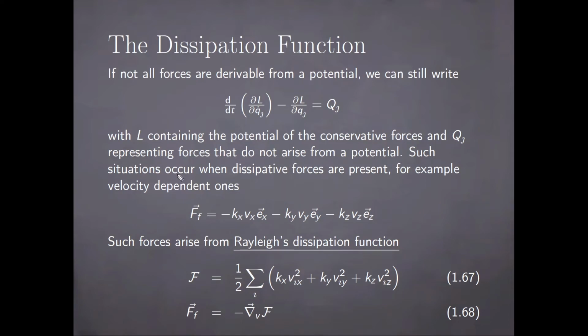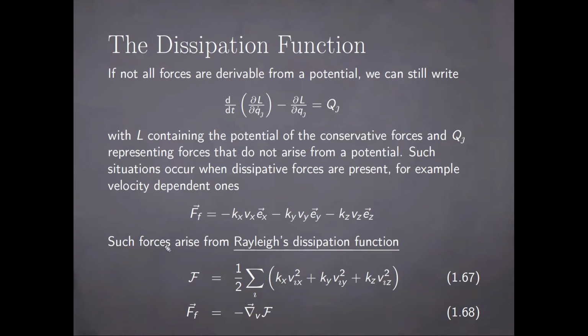Such situations occur when dissipative forces are present, as for example are velocity-dependent forces. And this is an example of a force that depends on the velocity a particle has in a given direction of space through some dissipation or a friction constant.